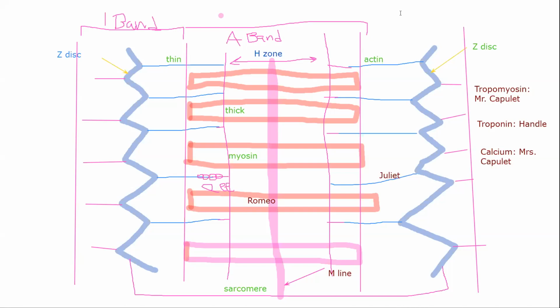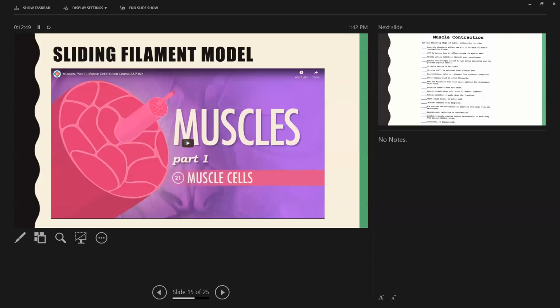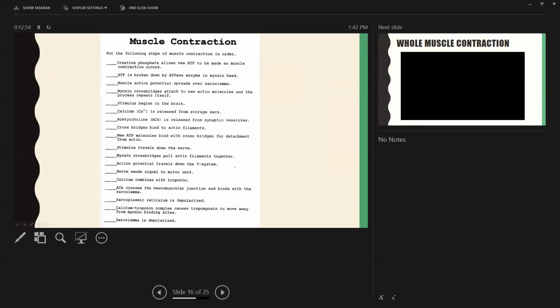So now we are going to go back to my screen share, back to my PowerPoint. Now I hope that you downloaded the little paper thing that I wanted you to download, because these are the steps of muscle contraction. When Thursday was doing this, they had little strips of paper with these sentences on them, and then they had to arrange them into the right order.